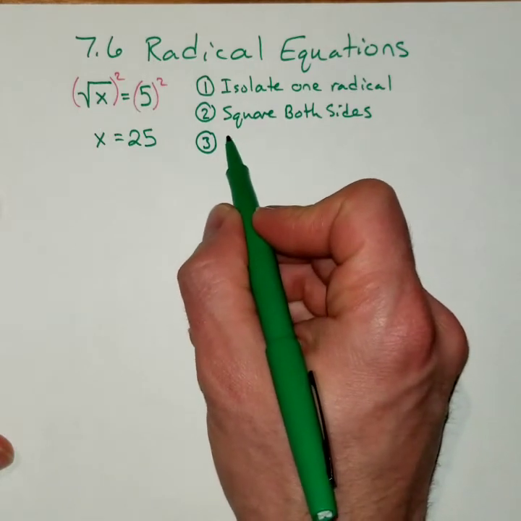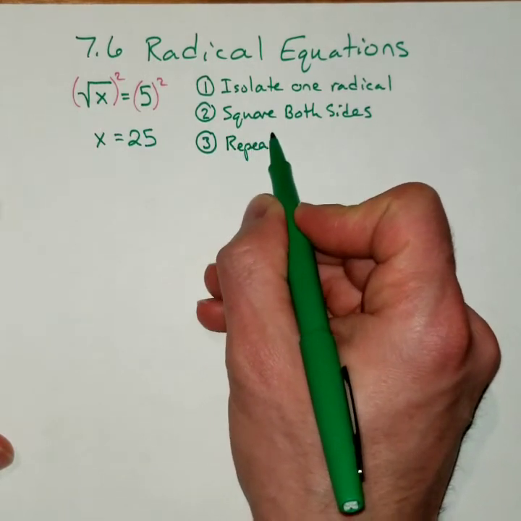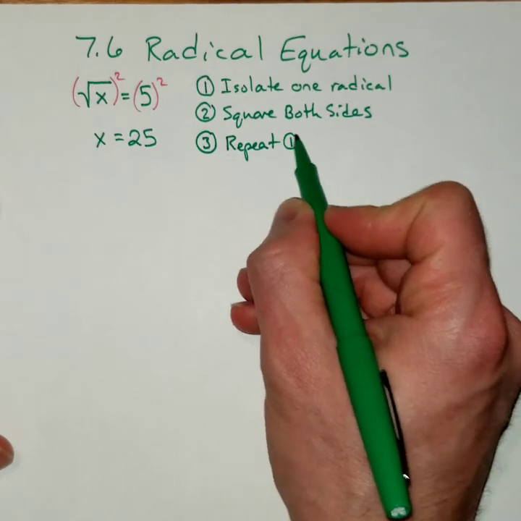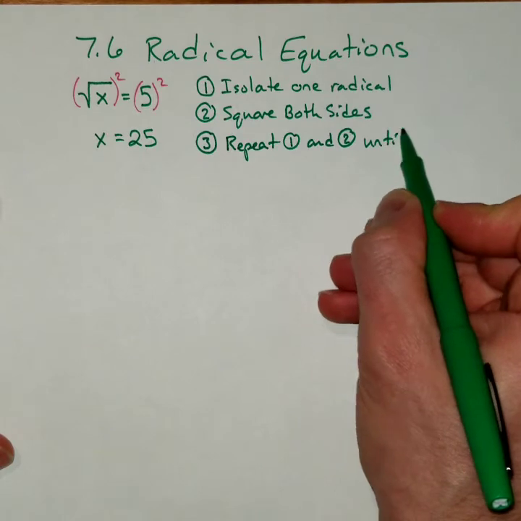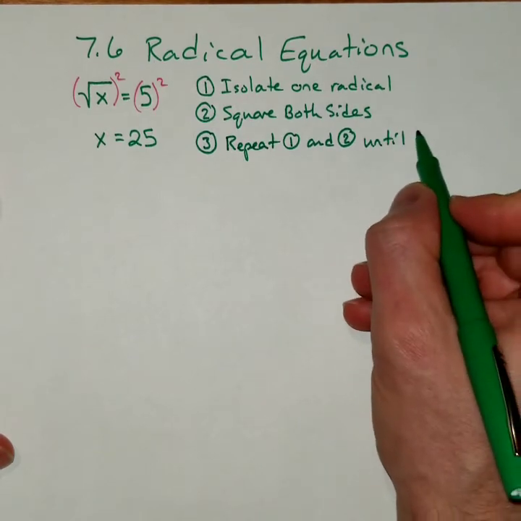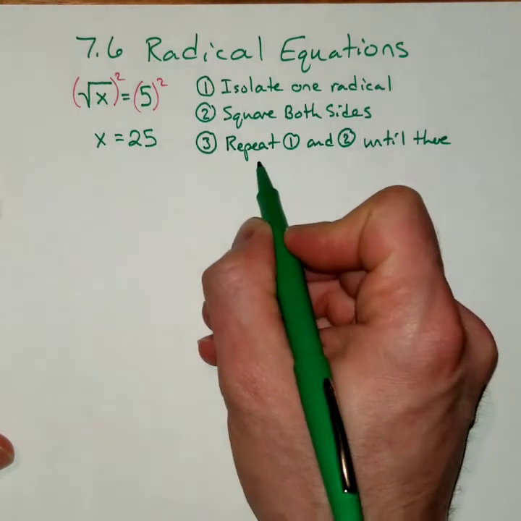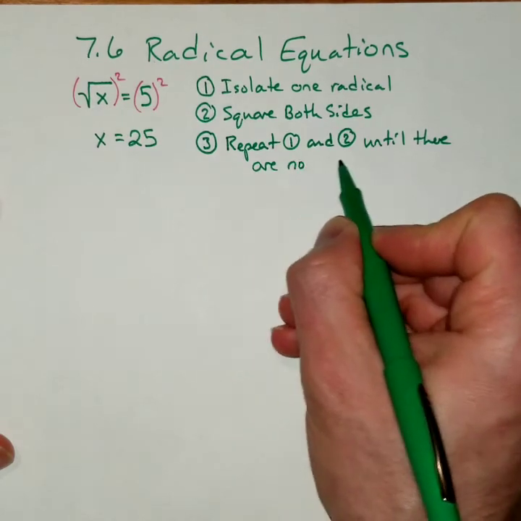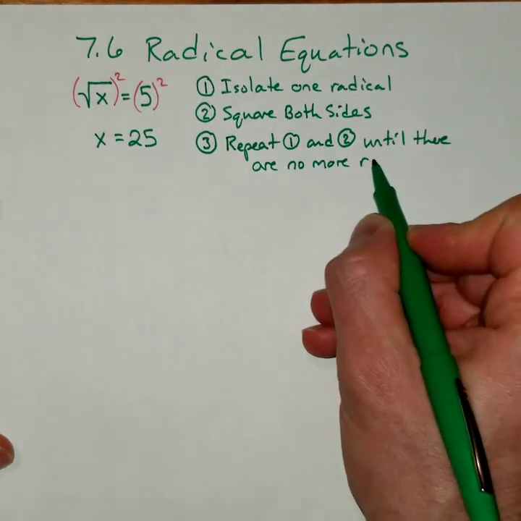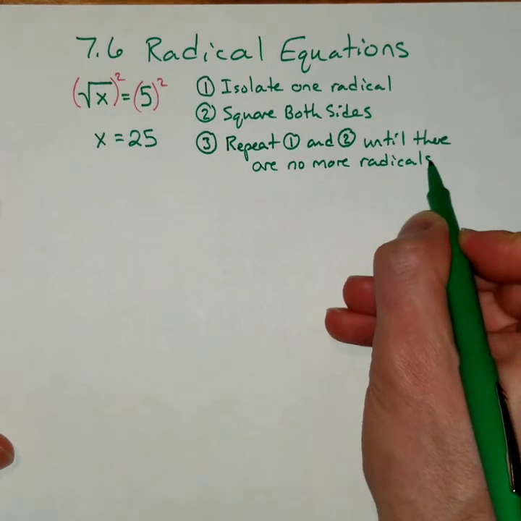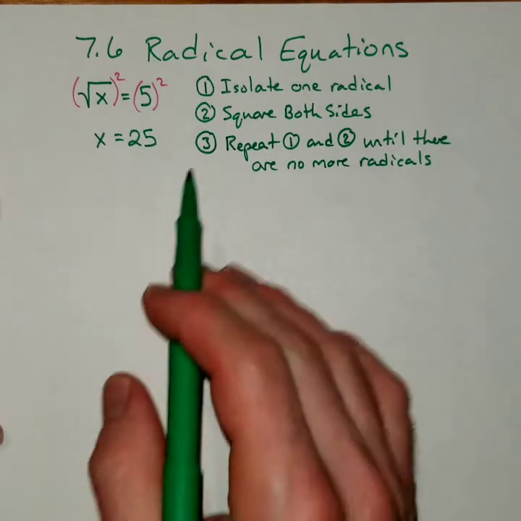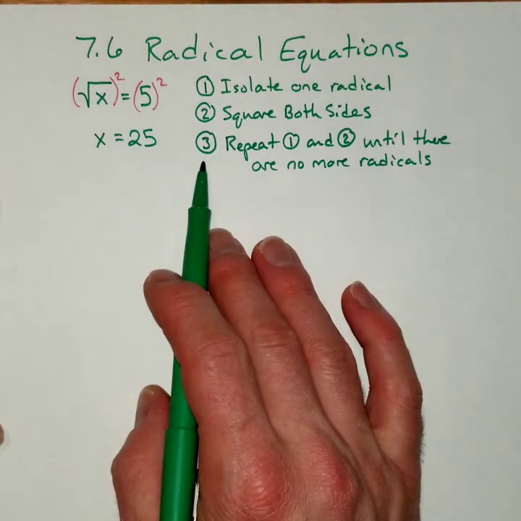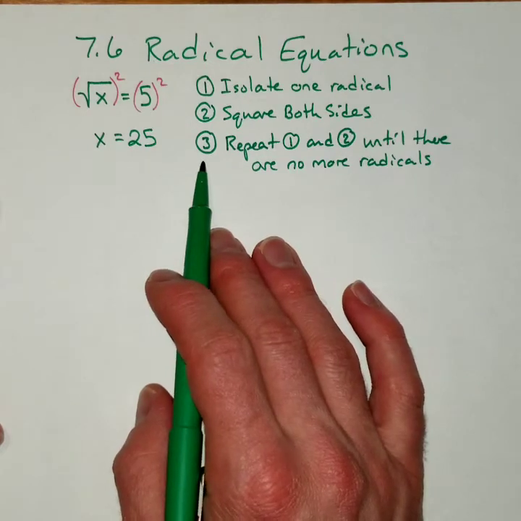So you isolate radicals, square both sides, continue that process till all the radicals are gone. This step may not need to be done. Okay, you may not have to do anything there.